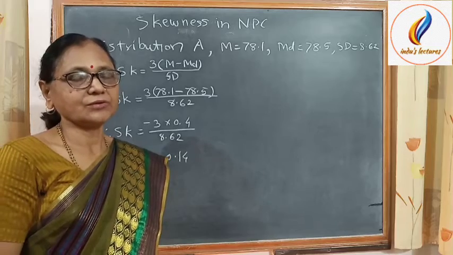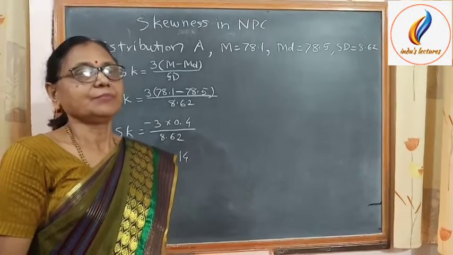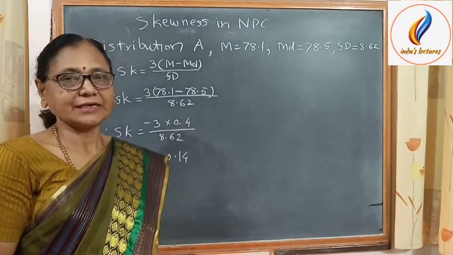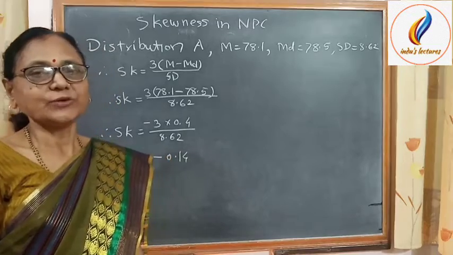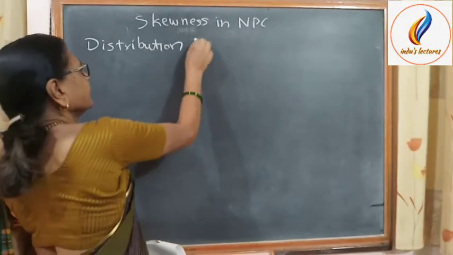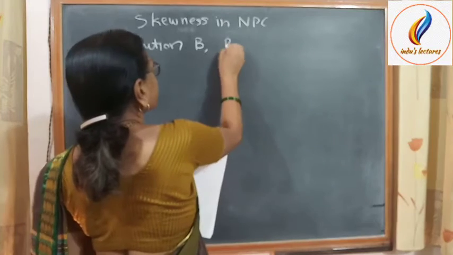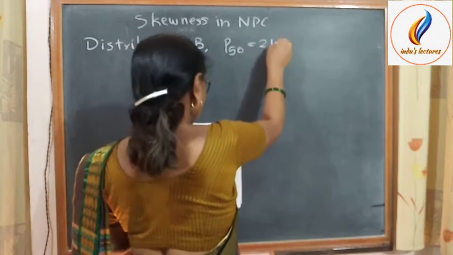Now consider distribution B, and if we calculate P90, P10 and P50, then we can find the skewness of distribution B. P50 is equal to 21.73.